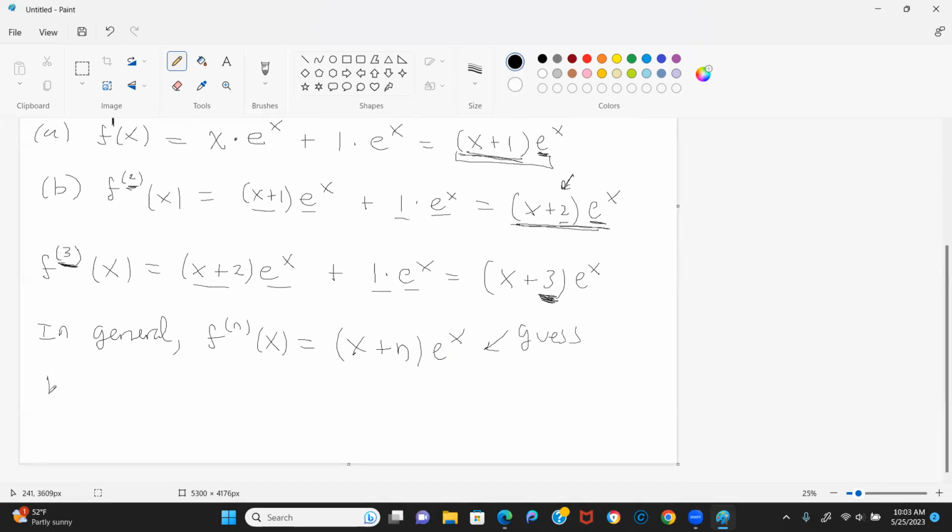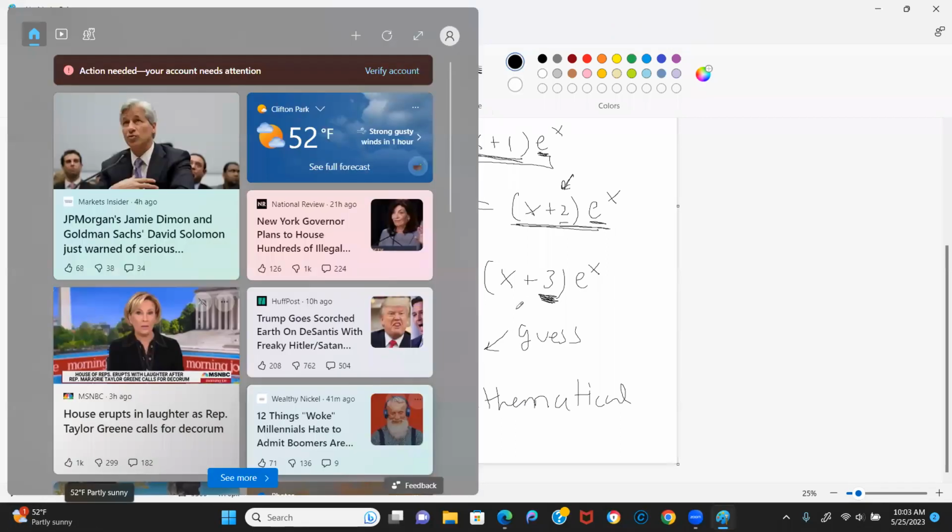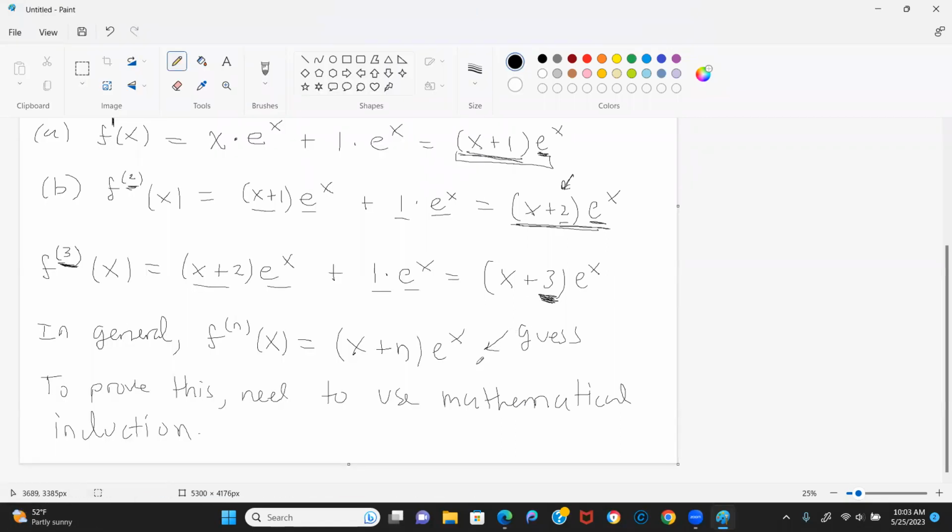To prove this, you need to use what's called mathematical induction. It's a technique for proving certain statements. Basically you have an infinite collection of statements, and they're indexed by this number n.